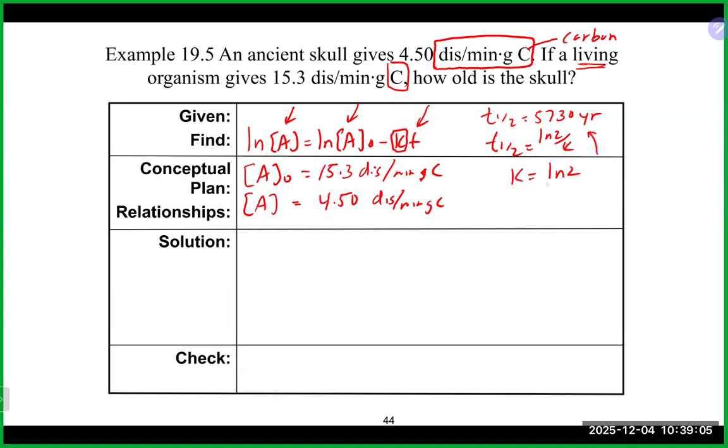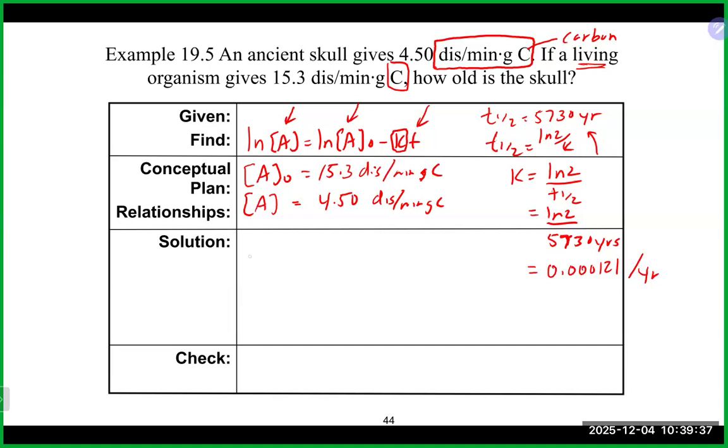So k is the natural log of 2 divided by our half-life, which is the natural log of 2 divided by 5730 years. We can leave it in years because it just means our time is going to be in years, which is what we're looking for. That gets us 0.000121 reciprocal years as our decay constant.